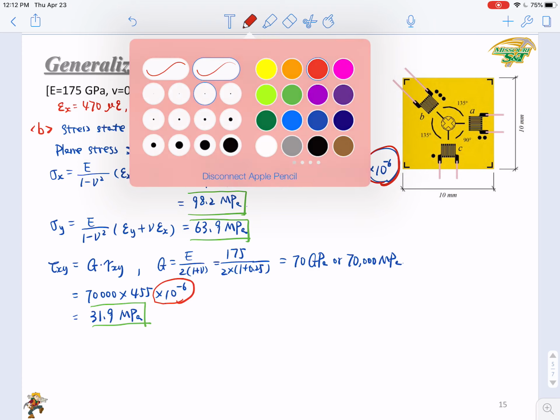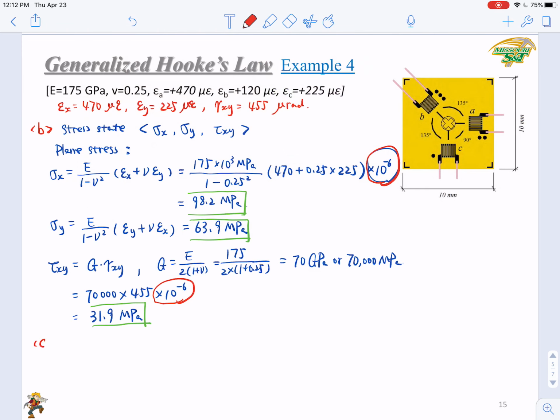So eventually in the last step, we're determining the principal stresses. If you remember the equations, it will be easy. You can directly write the equations if you have forgotten them.